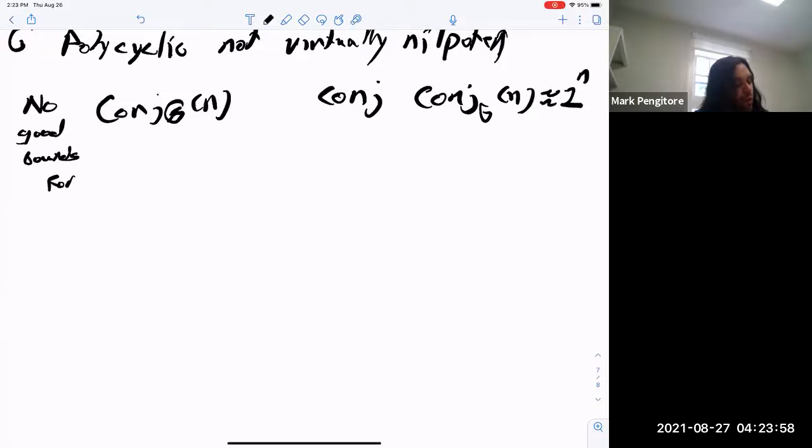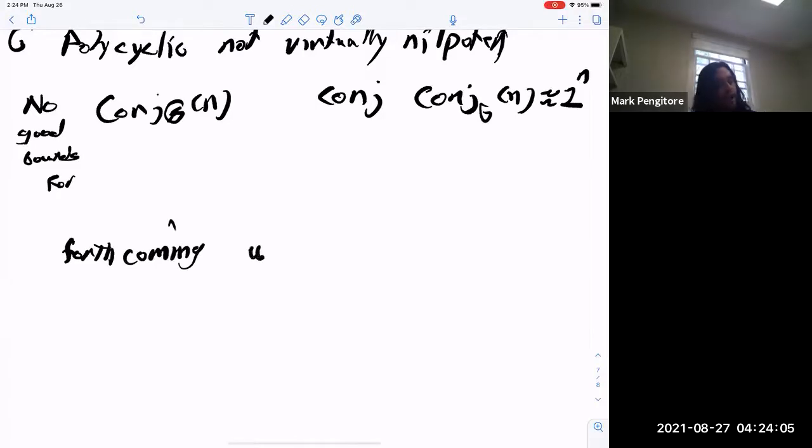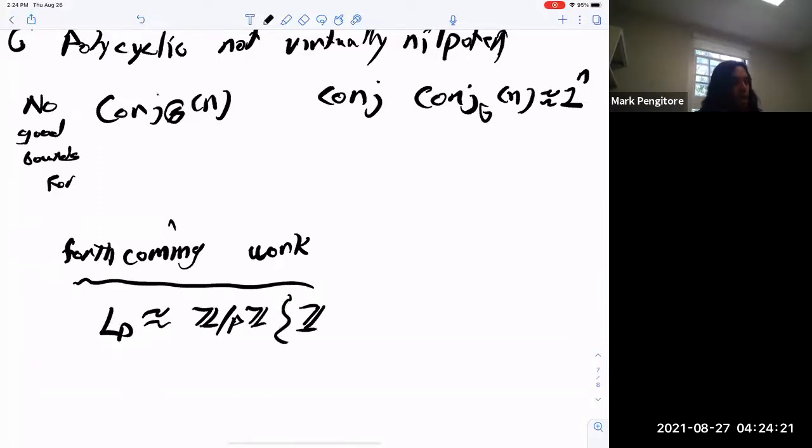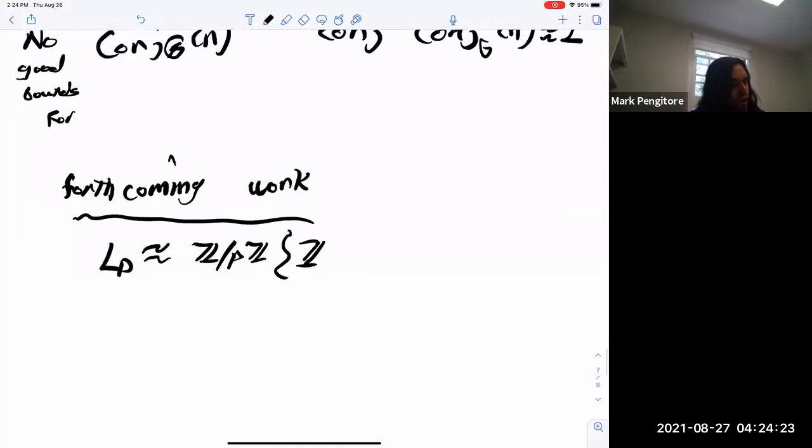However, in forthcoming work, we look at other classes of solvable groups. In particular, we're going to look at the lamplighter group over a prime p, which is Z mod pZ wreath Z. We can actually show the following.